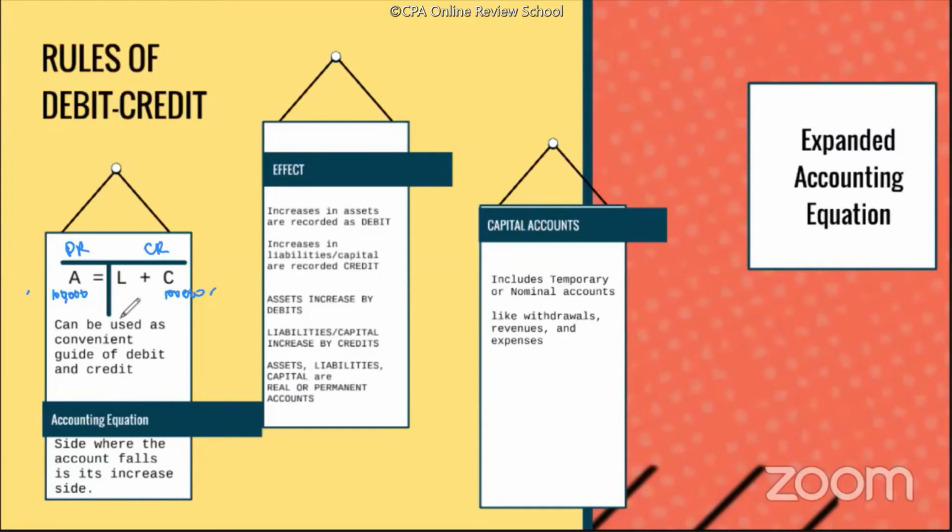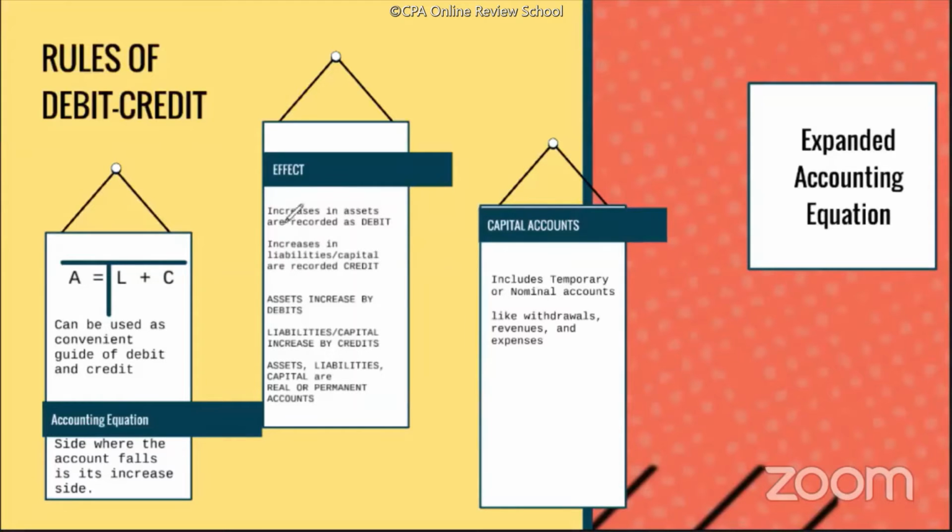Okay? So ibig sabihin ibabawas mo siya dito. 1,000, bawas mo. And then magkakaroon ka ng bawas sa cash, 1,000. Right? So ganun ang ibig sabihin yan, guys. Na kung saan itong liabilities na to kailangan mong bawasan, yung cash kailangan mo din bawasan. So magkakaroon tayo ng analysis later on that.